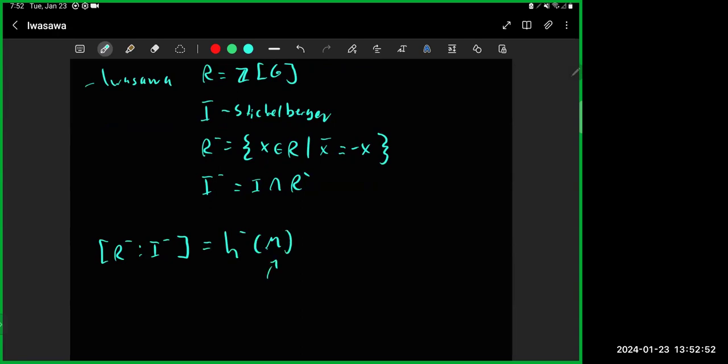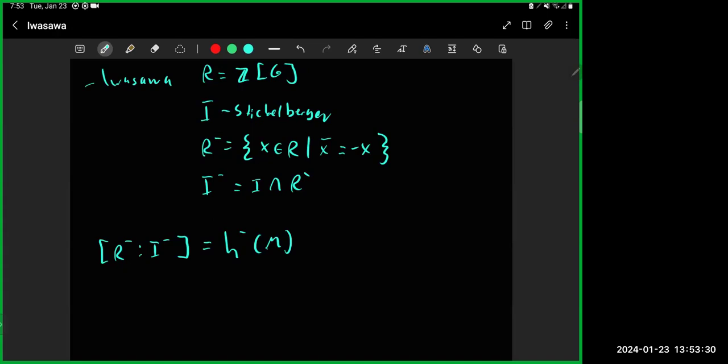And this was a huge thing because it essentially gave us a way to connect L functions and the Stickelberger ideals. And then what Iwasawa did is he used the Stickelberger ideal as a way to construct p-adic L functions, as we'll see in a second. And this will give us a huge theorem on the structure of these relative class numbers. Sorry, I've been talking for a bit without drinking any water, so my throat is a bit dry.